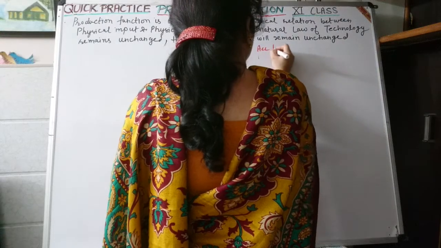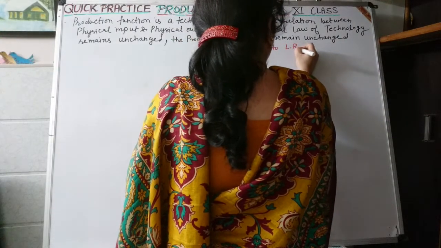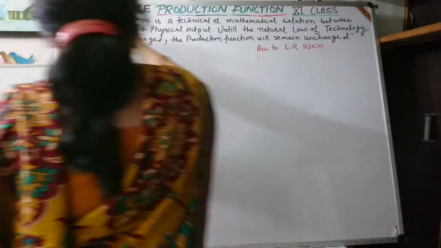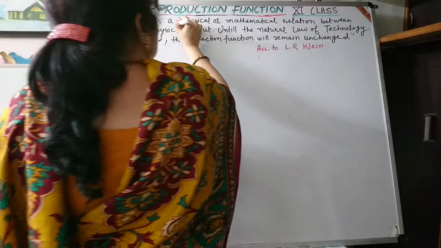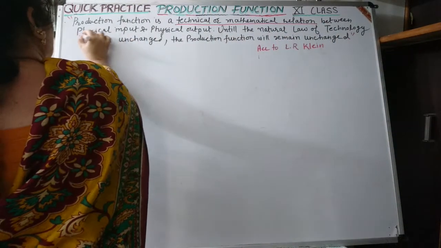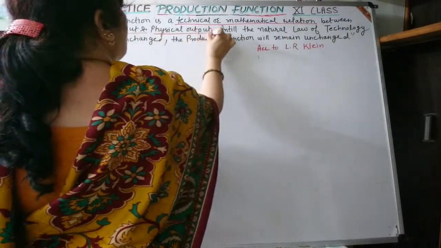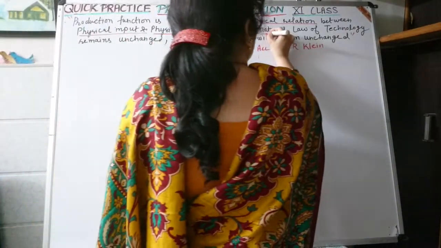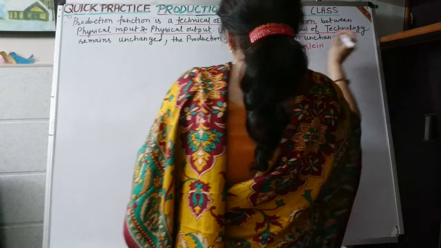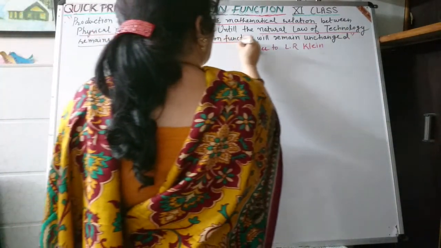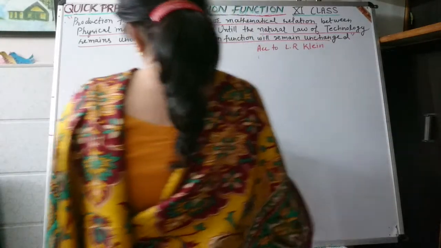According to L.R. Klein, production function is the technical or mathematical relation between the physical input and physical output. Until the natural law of technology remains unchanged, the production function will remain unchanged.